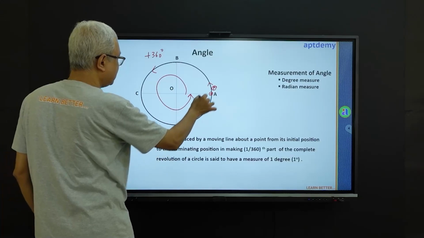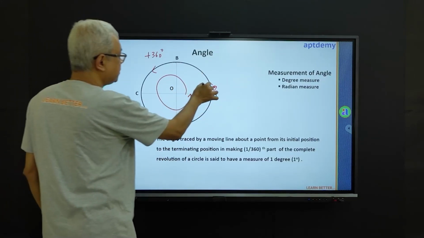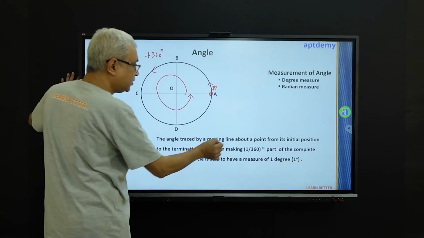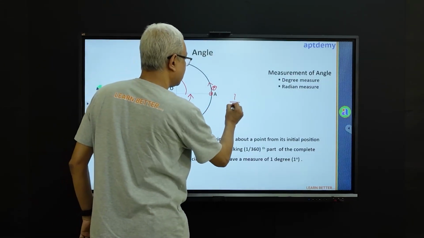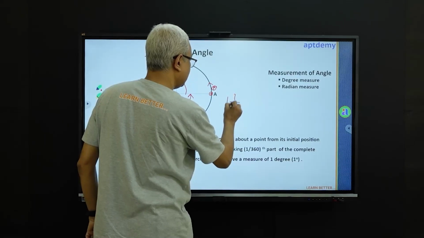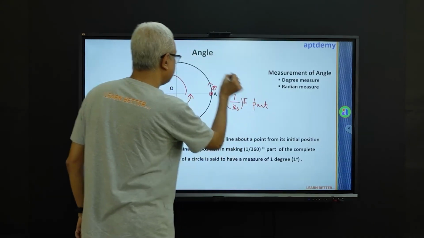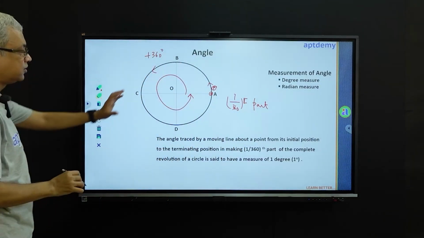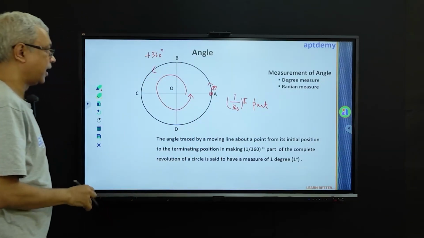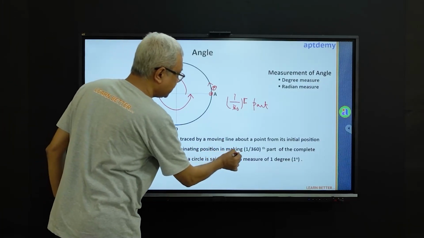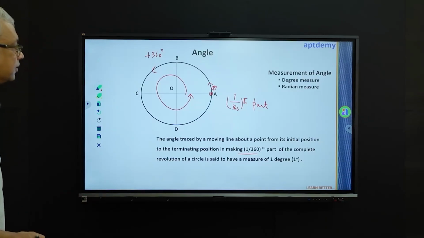After tracing the angle the point comes back to its initial position A, and 1/360th part of the complete revolution, the complete angle, is called a 1 degree angle. Okay, so this is the definition of 1 degree, you can say.